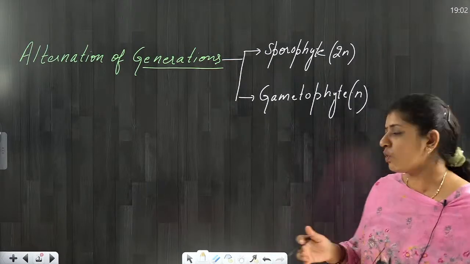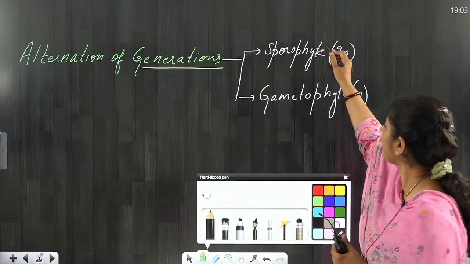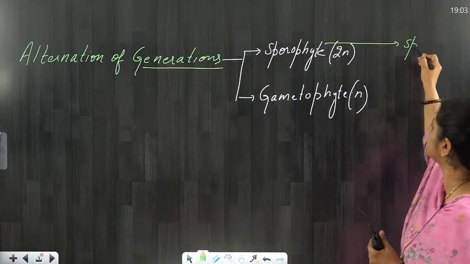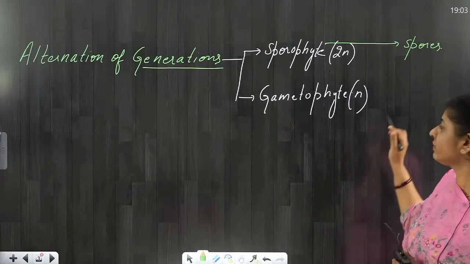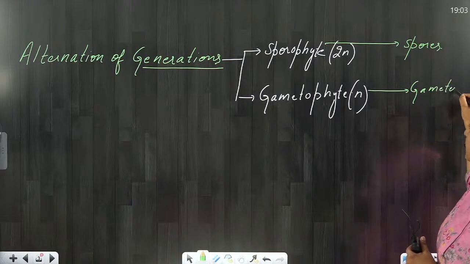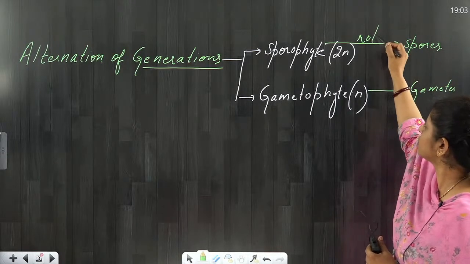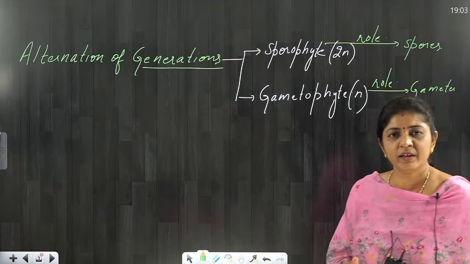And what is the responsibility of the sporophyte? It has to make the spores, right? And what is the responsibility of gametophyte? That has to form the gametes. This is the role of a sporophyte, this is the role of the gametophyte, right?